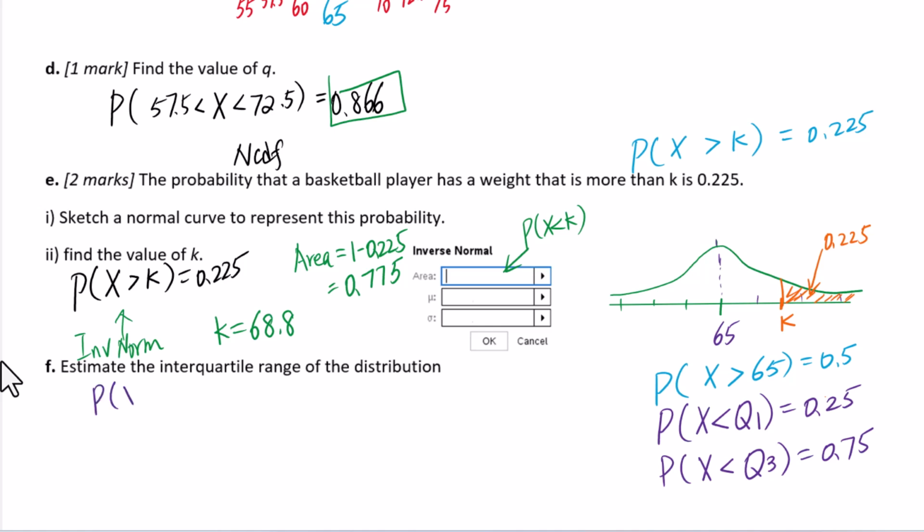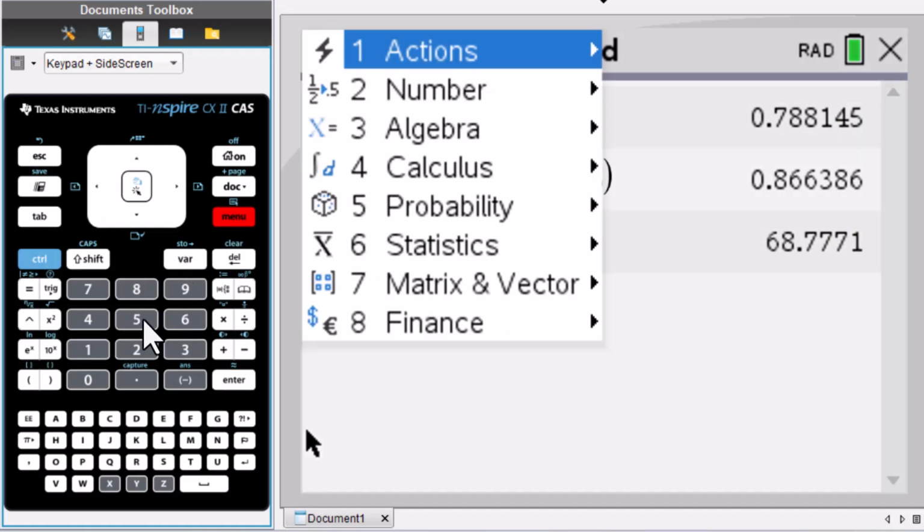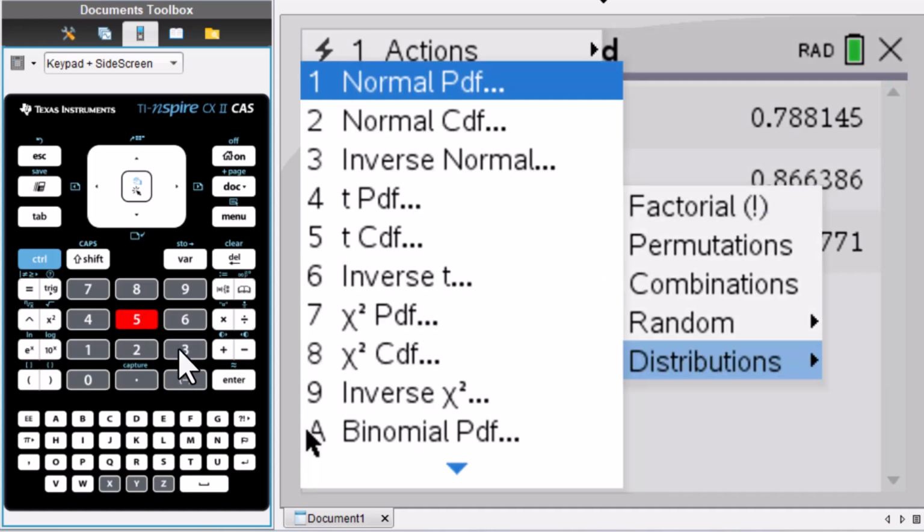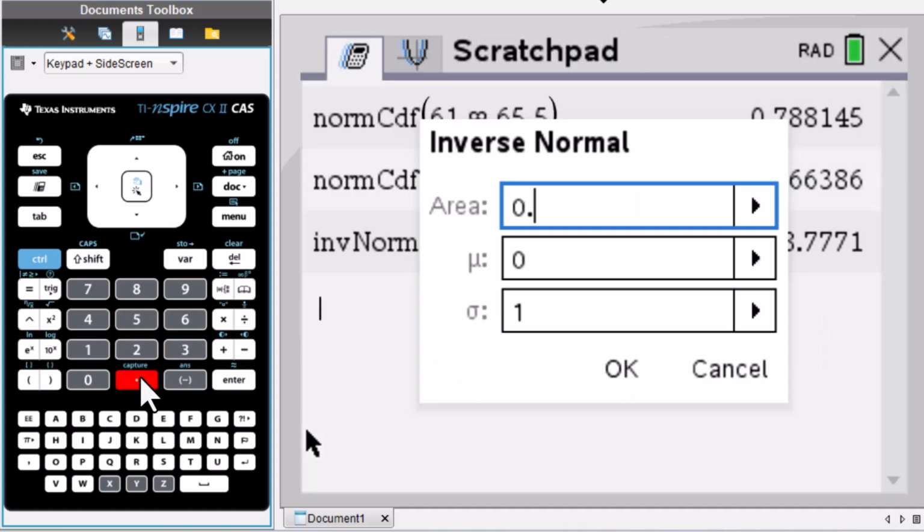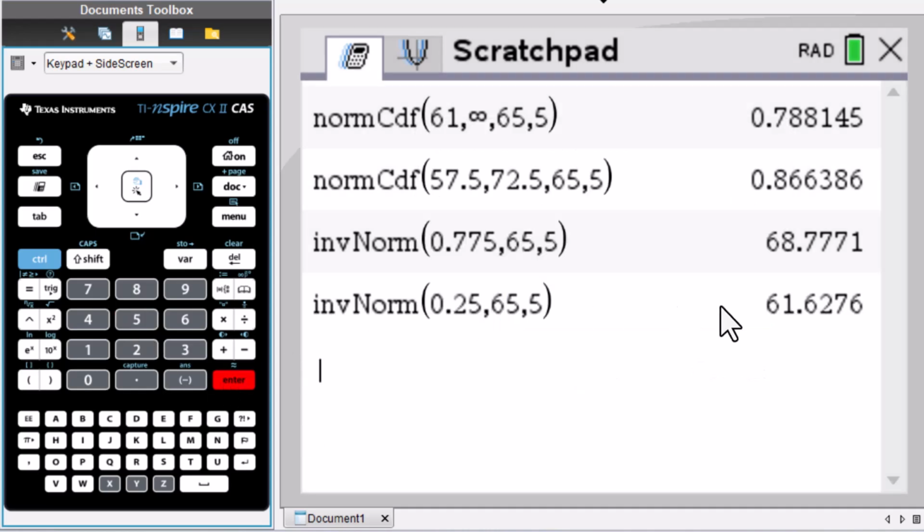So probability of X less than Q1 equals 0.25. The area equals 0.25. Let's go to inverse normal. Menu 5, 5, 3. 0.25. Mean 65, standard deviation 5. Enter.